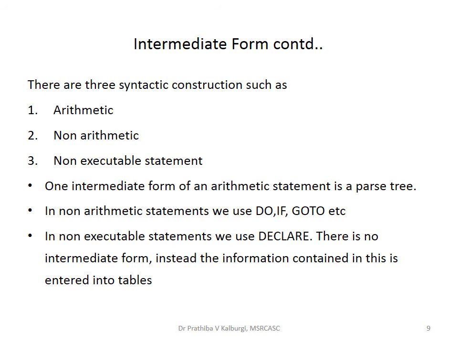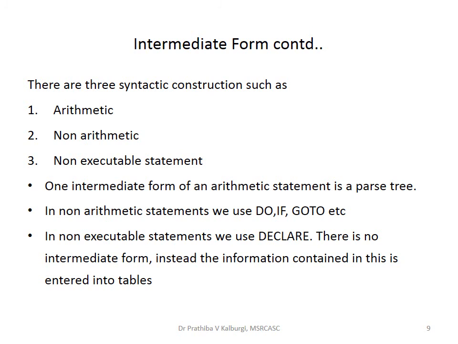So the operators will be equal to, plus, as well as multiplication, and then we have the variables, or identifiers, such as a, b, c, as well as the sum. The reader can form the tree of a particular statement using the rules of elementary algebra. The process of constructing a tree or a matrix for any arithmetic statement is subject to the compiler which we are going to use.